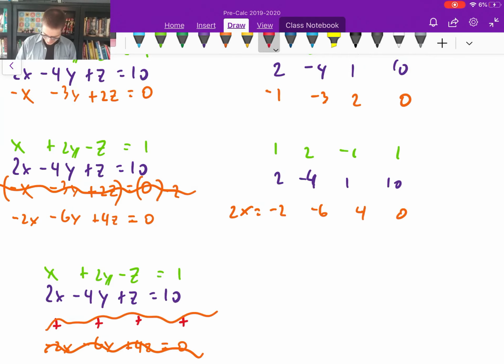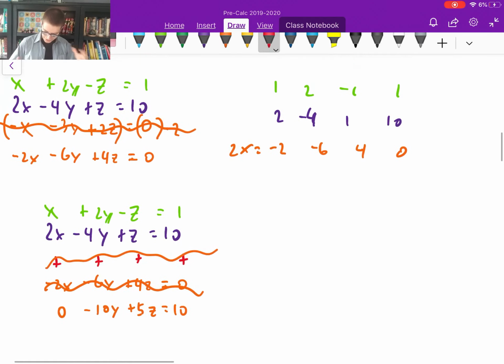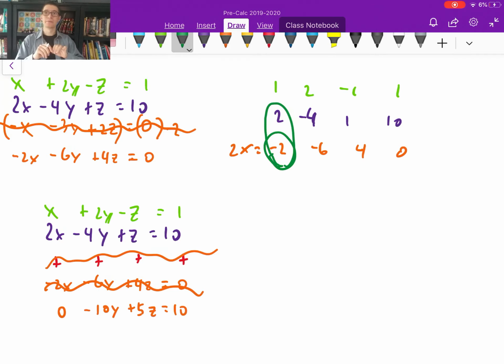Okay, so this is our new matrix now. We can add or subtract two equations from each other. Again, I want to start off by getting rid of that bottom left number. I want to turn that to 0, and eliminate it. In order to do that, I'm going to add the purple equation and the orange equation together.